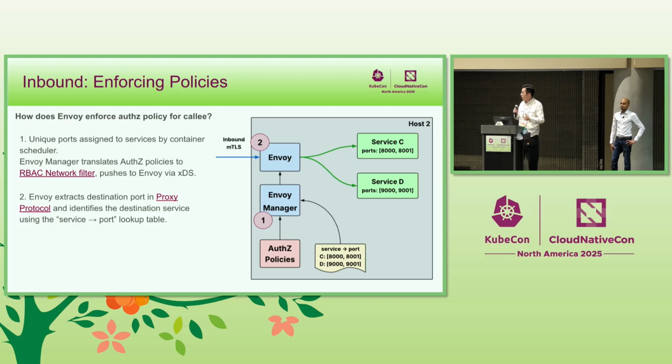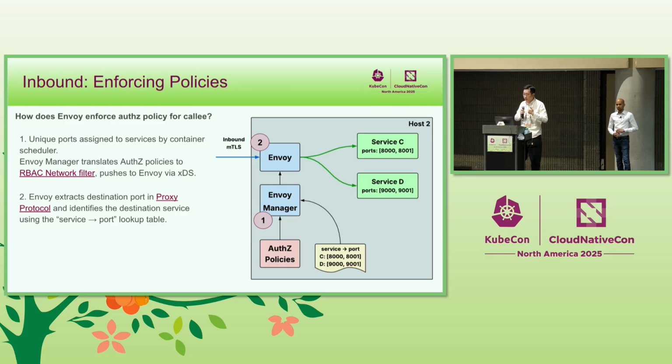At runtime, when the TCP connection hits the Envoy proxy, we have the custom changes to extract the original destination port from the proxy protocol. That port tells us which destination service is actually being accessed by the original service.